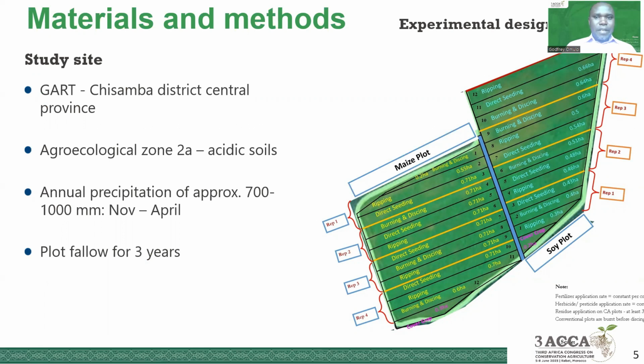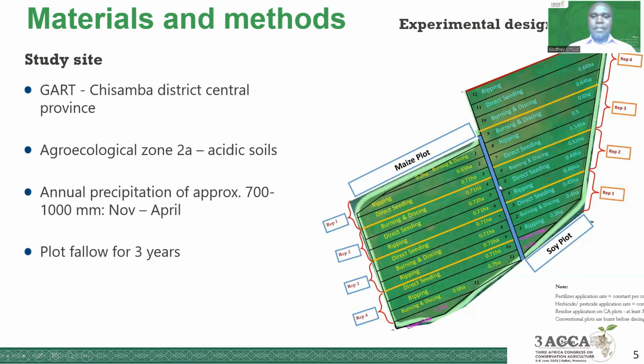Prior to the experiment, the plot had been fallow for 3 years. So 15 hectares of land was set aside for this experiment, and the experiment was purely rain-fed farming. So we had two big plots, the maize plot and the soya plot, and the two crops were rotated after every season.